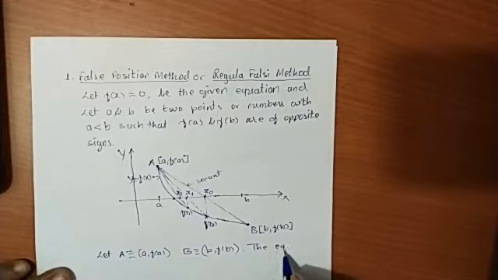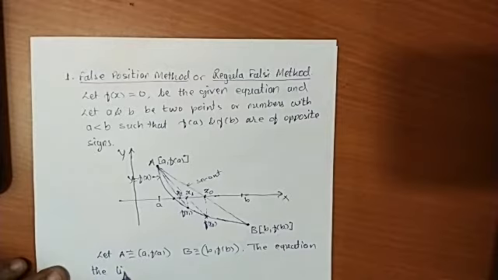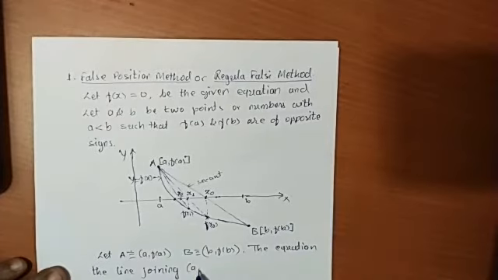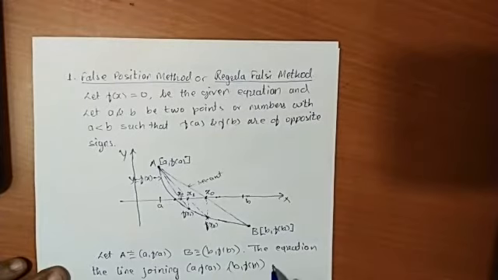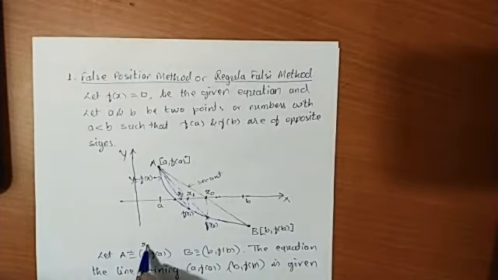The equation of the line joining (a, f(a)) and (b, f(b)) is given by y minus y1, where this is my (x1, y1) and this is my (x2, y2): (y minus y1) over (y2 minus y1) is equal to (x minus x1) over (x2 minus x1).